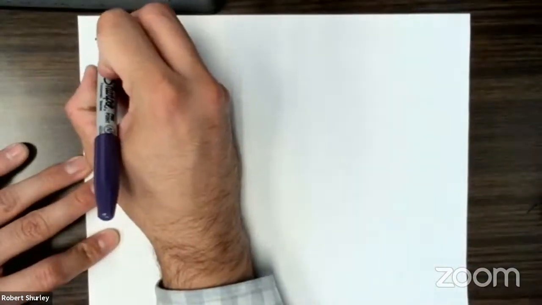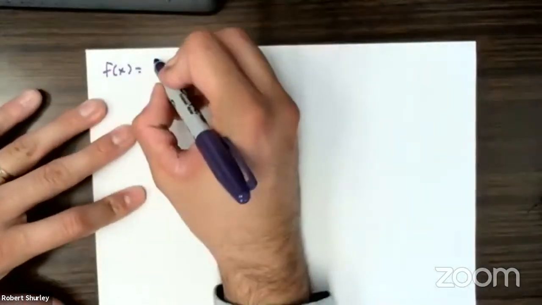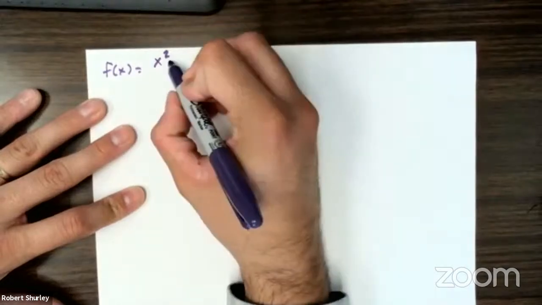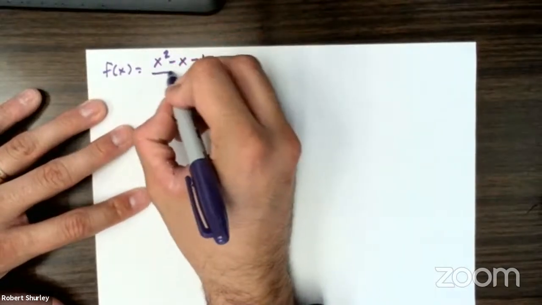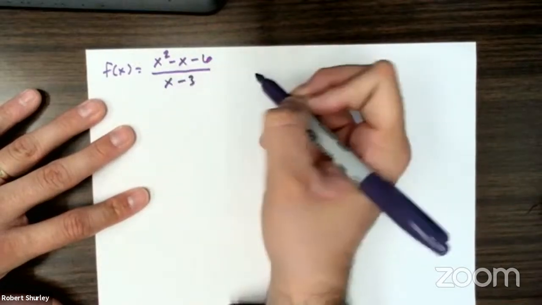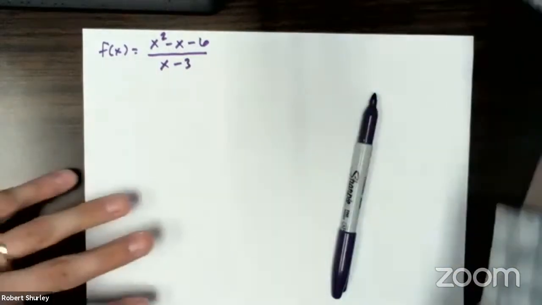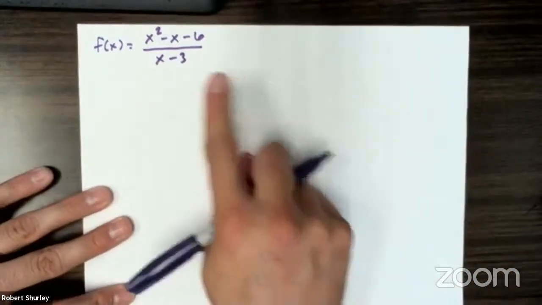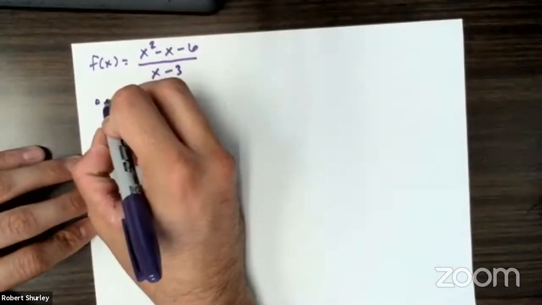If I've got two different functions, let's say f of x equals x squared minus x minus 6 over x minus 3. I don't know why I'm choosing x minus 3 over and over again. The very first thing I want you to do with this question, always, even if I don't ask you, I want you to find the domain.